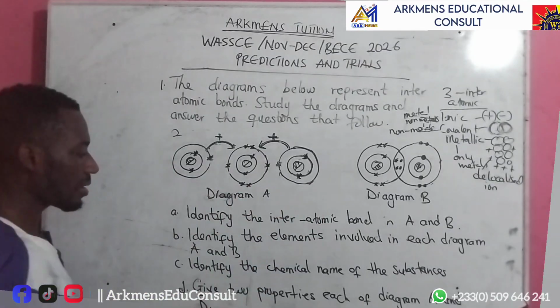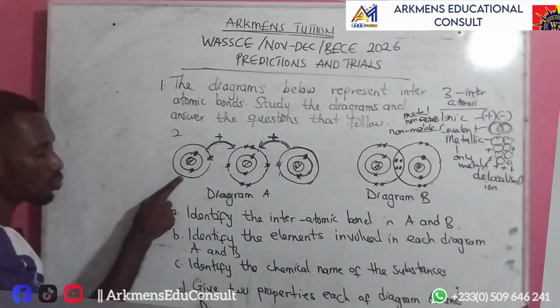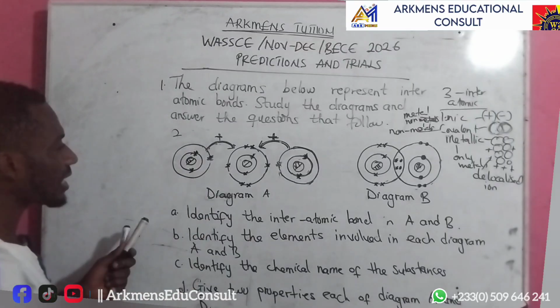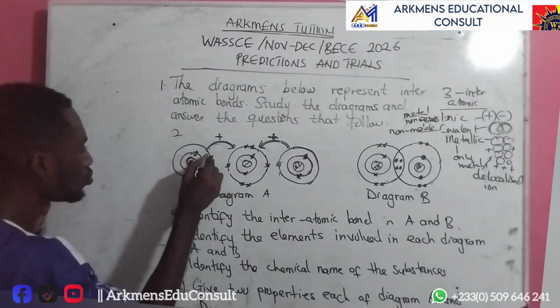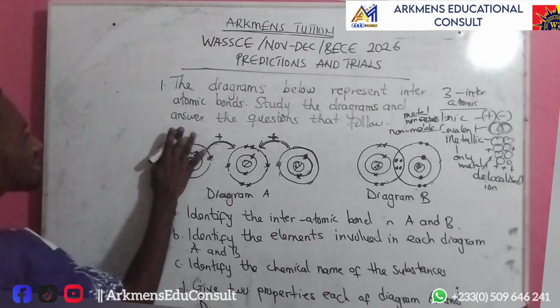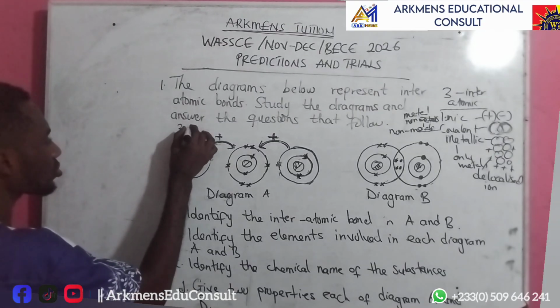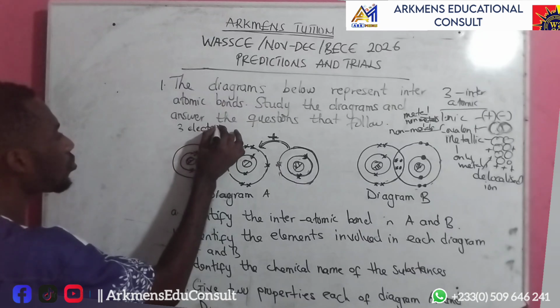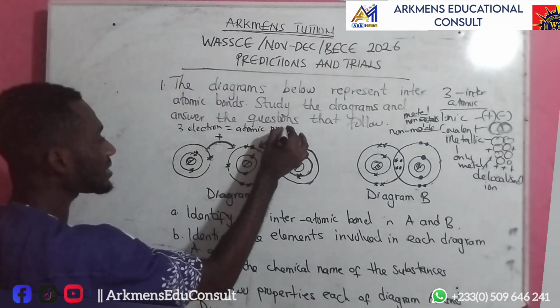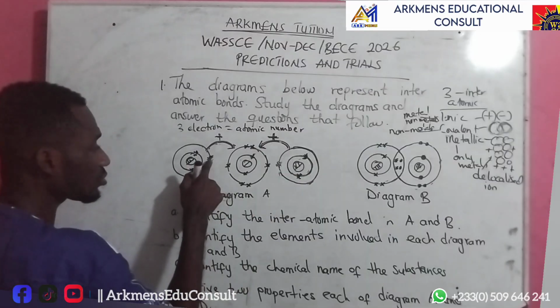So let's look at diagram A first. I'll pick the first one. When I pick the first one, count the number of electrons you see there. I can see 1, 2, 3, meaning that it has 3 electrons. And these 3 electrons is equal to the atomic number when it is at its free state, meaning that at this level it has not given out.